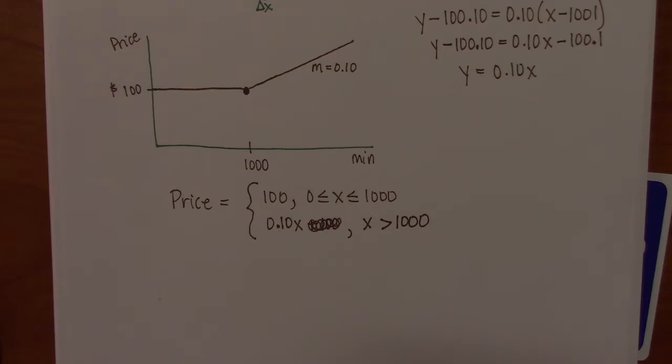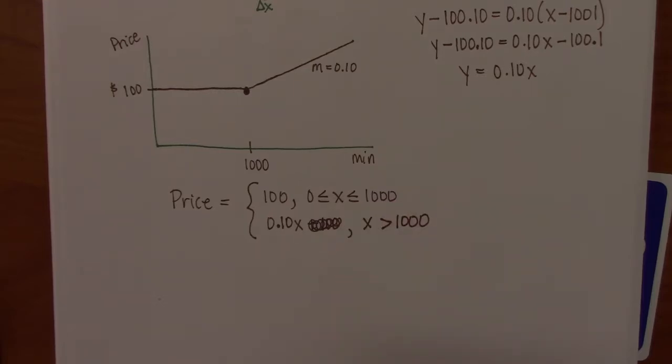You would come over to the intervals and figure out which one includes 1,500. Clearly it's that one, so this is the equation you plug 1,500 into. But if I said someone only talked 1,000 minutes a month, you would have to plug it into this equation because this is the interval that includes the 1,000.